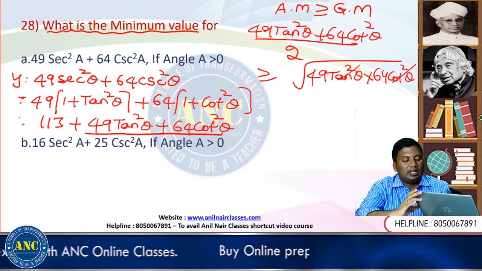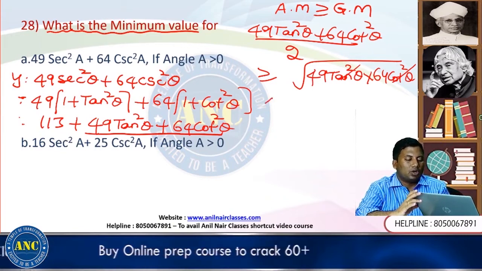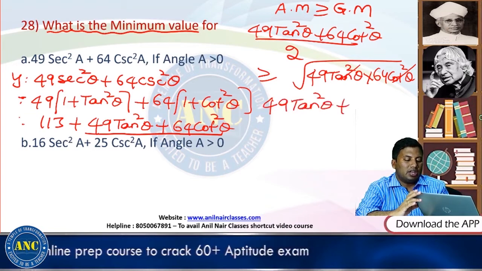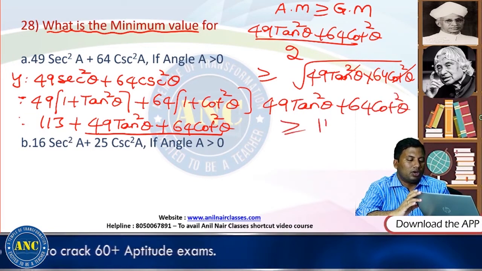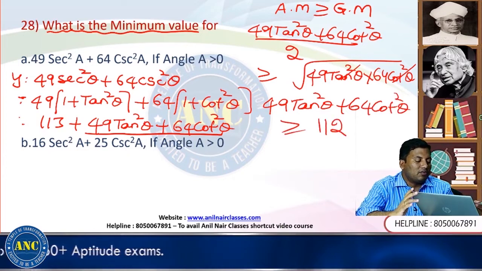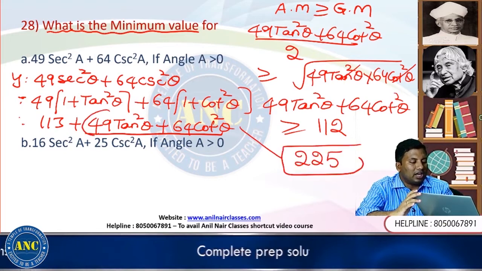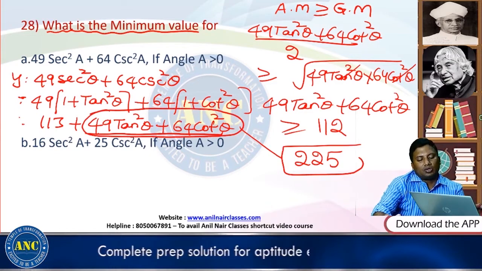Root 49 is 7. 7 8s are 56. 56 2s are 112. So 49 tan square theta plus 64 cot square theta is greater than or equal to 112. 112 plus 113, the answer is 225. The minimum value of this entire expression is 225; the part is 112.